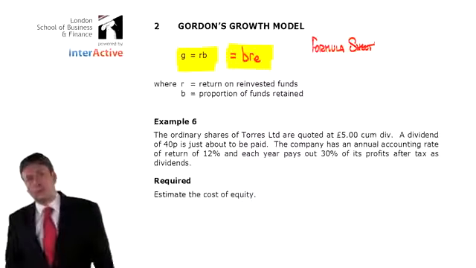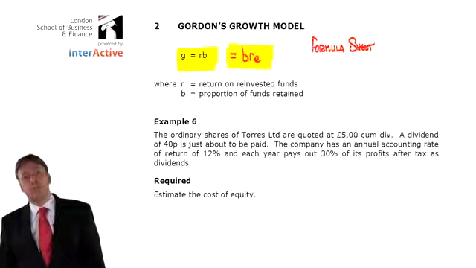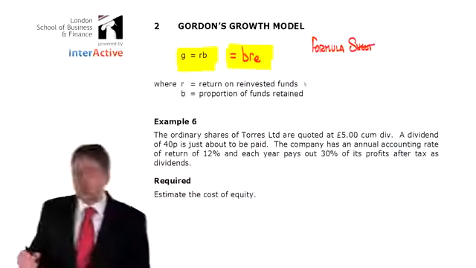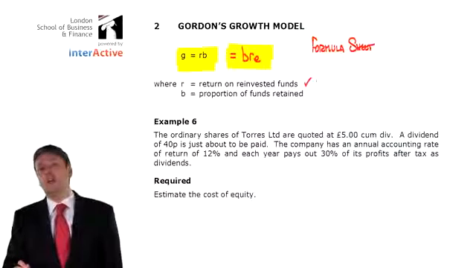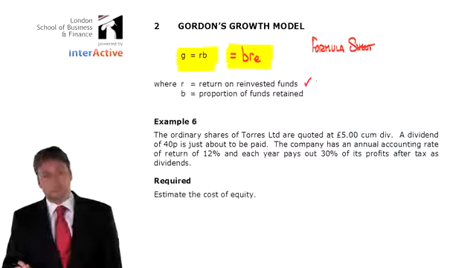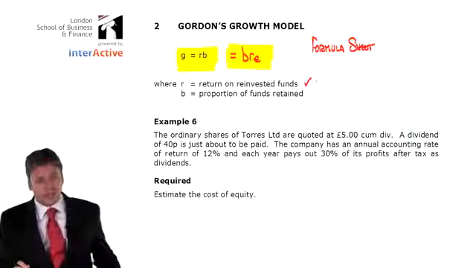But let's first of all see what it tries to show. You see, firstly, Gordon suggests that to grow, a company must generate some funds. So therefore, there must be a measure of return. That is r.